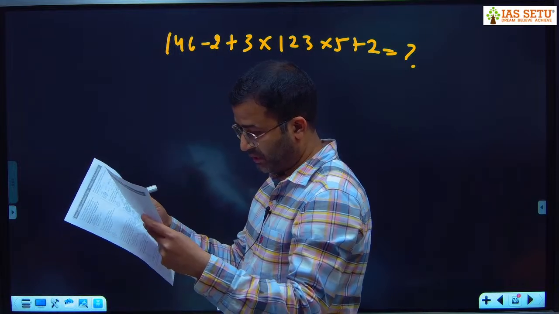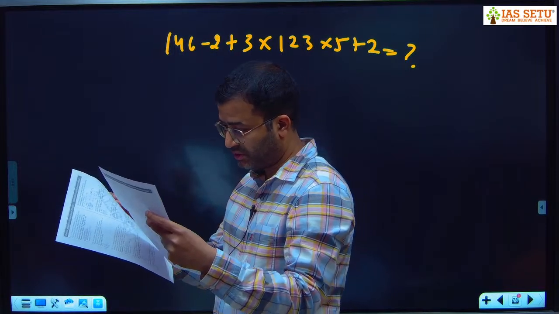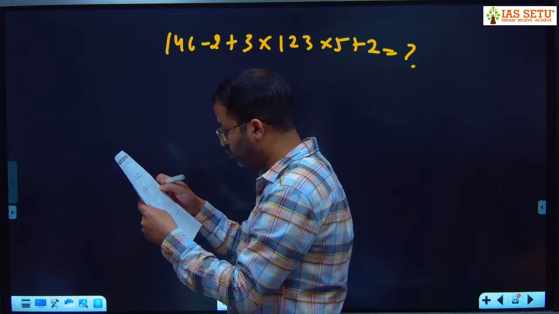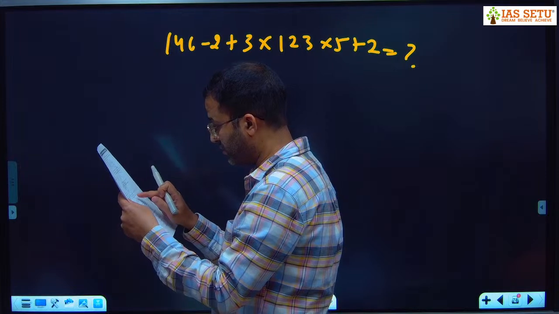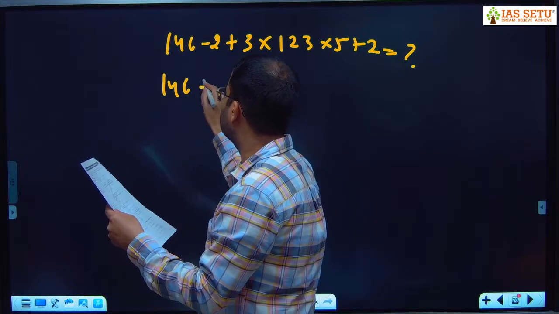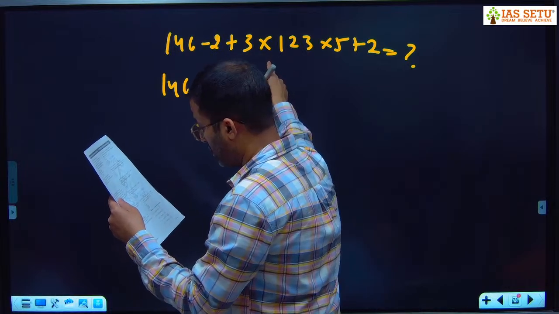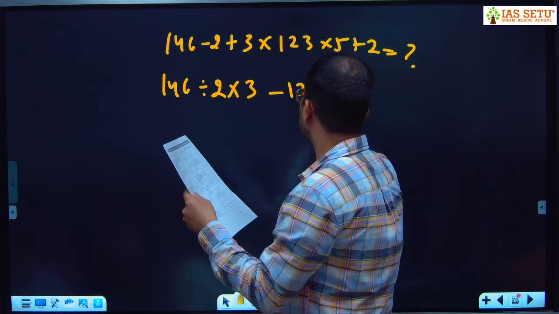Plus means multiplication, multiplication means minus, division means plus, minus means division. Okay, so what we have to do: minus means division. 146 divided by 2. Plus means multiplication. Multiplication means minus.